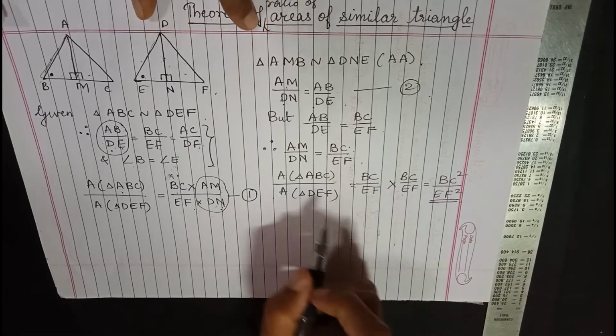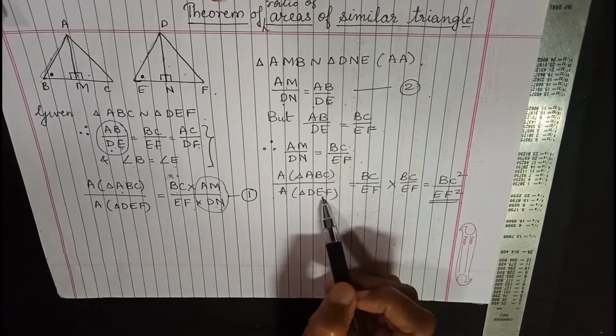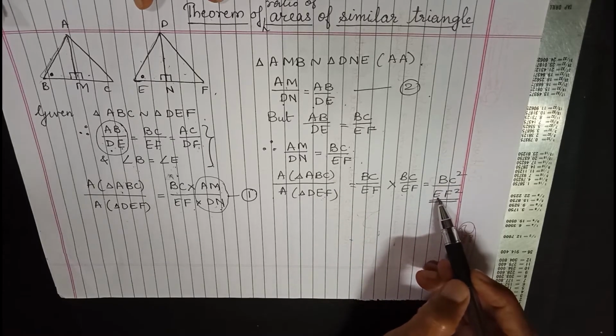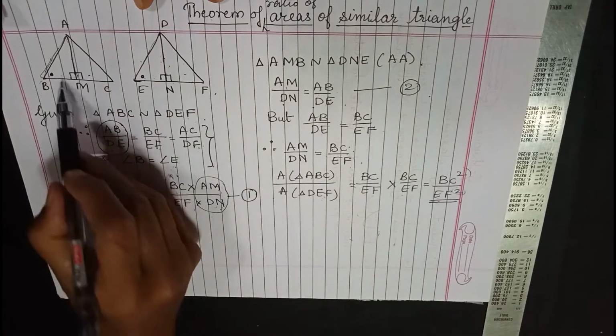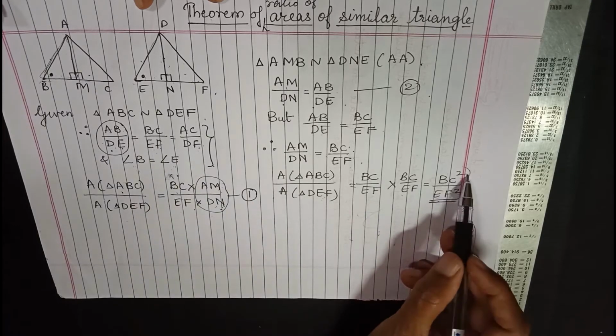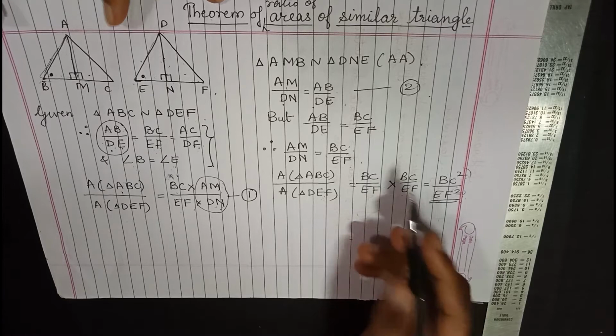So you can see the formula that we got from here is that the ratio of areas of two similar triangles will be nothing but the ratio of the squares of their corresponding sides. You can see BC and EF is a corresponding side pair. So the ratio of the squares of those sides will be equal to the ratio of the areas of the two triangles.